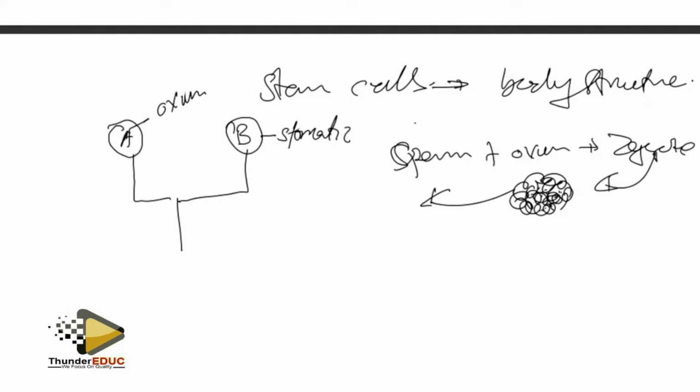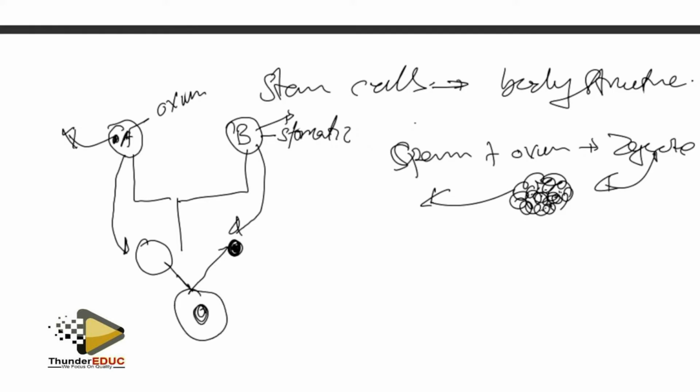I remove the nucleus of this one and keep the nucleus. Here, I keep the shell, but throw away the nucleus. I fuse them using an electrical method, and then I form a cell which looks like a zygote.